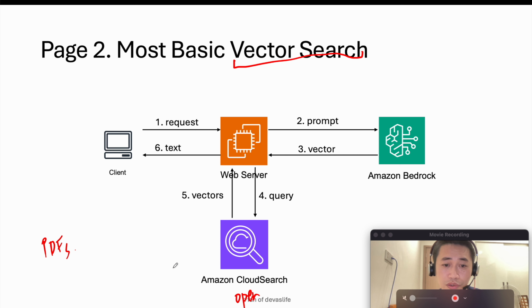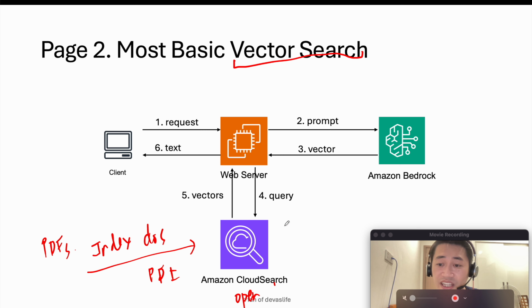But basically, assume that we already indexed some documents or PDFs in here, and the database stores many vector numbers like 0.1, 0.5, right?